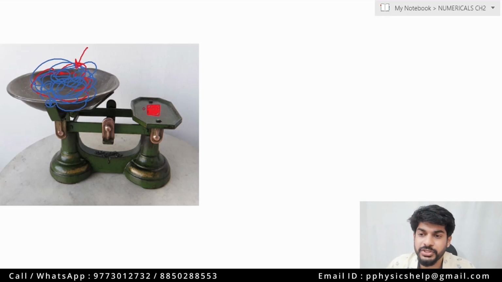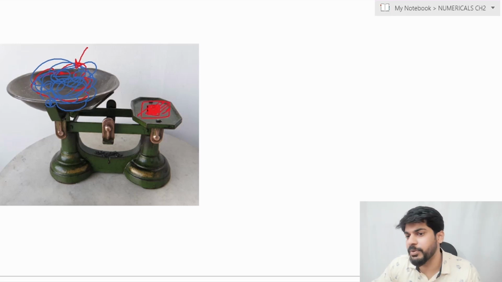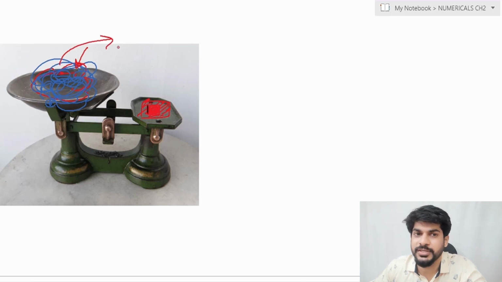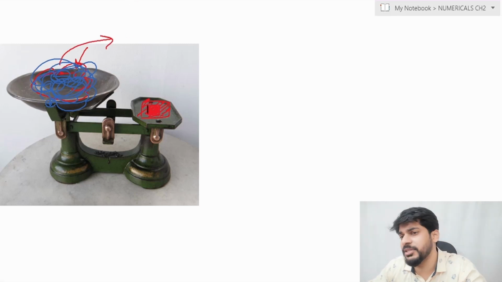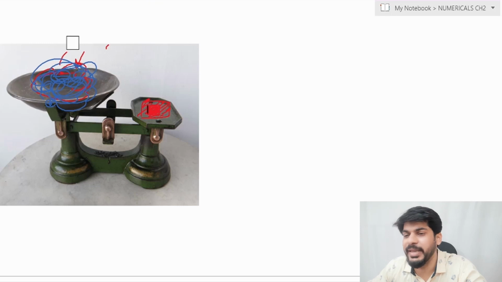Suppose we want 2 kg, so we keep the big 2 kg mass here, and then balance this grocer's balance. Once it is balanced, we stop, remove it, and give it to the customer. That is the grocer's balance.